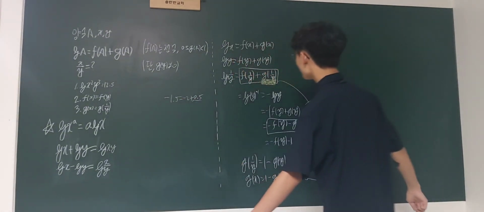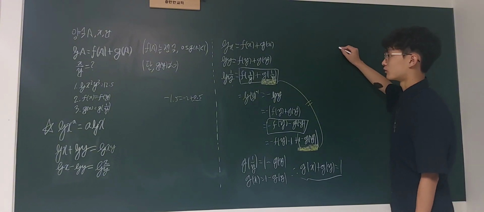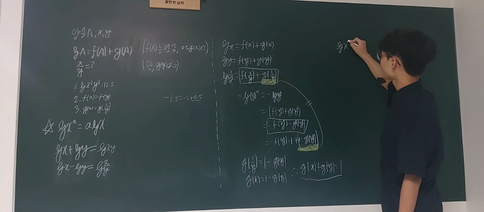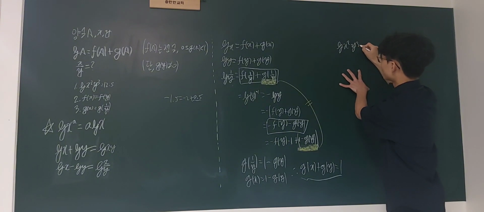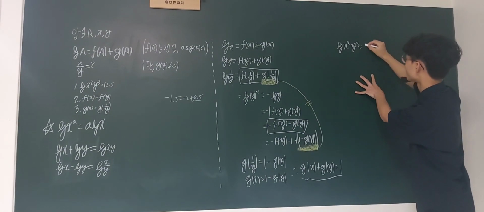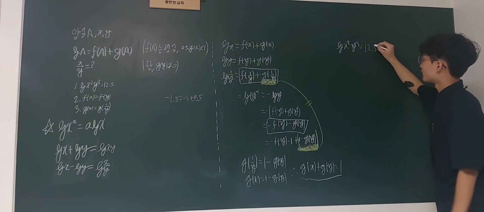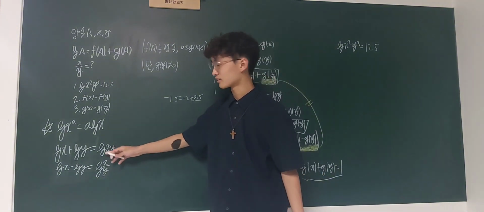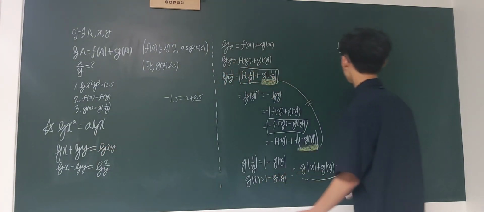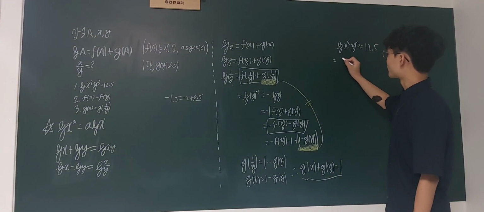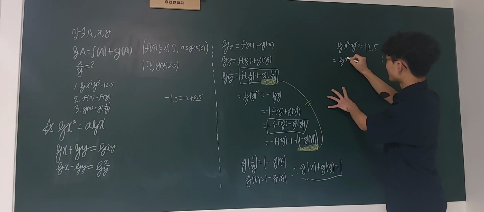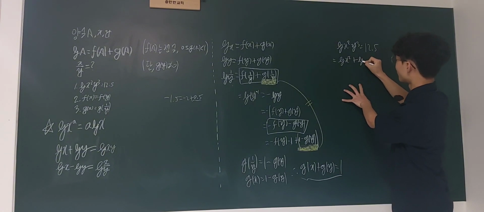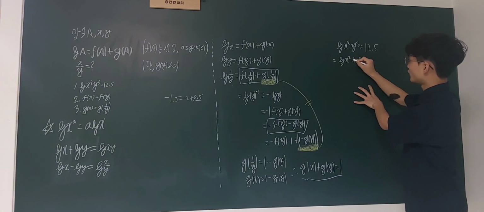We know that log of x squared y cubed is equal to 12.5. And because we can separate logs like this, I can also make this equal to log x squared plus log y cubed.